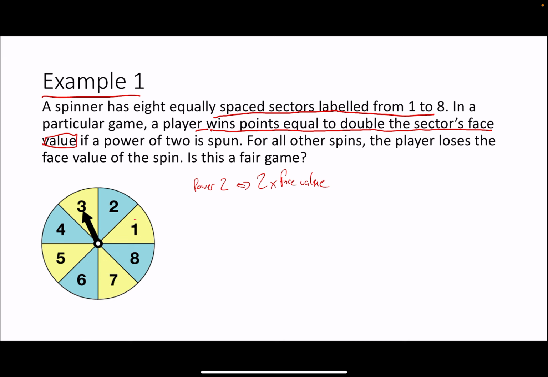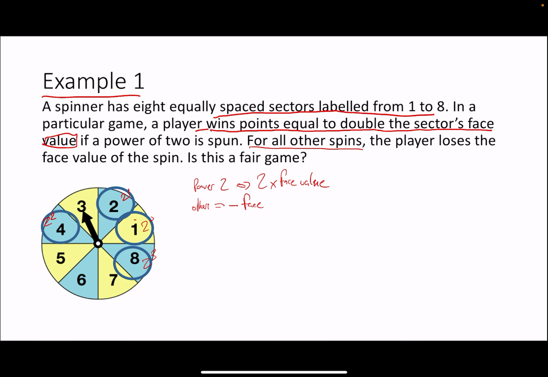For all other spins, a player loses face value. Is this a fair game? So here are my powers of 2. This is 2 to the 0, 2 to the 1, 2 squared, and 2 cubed.